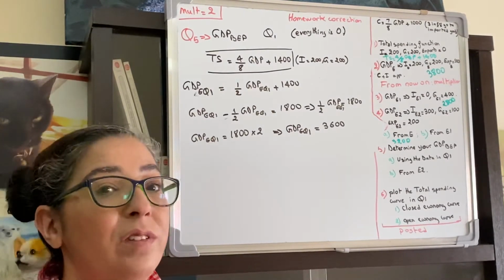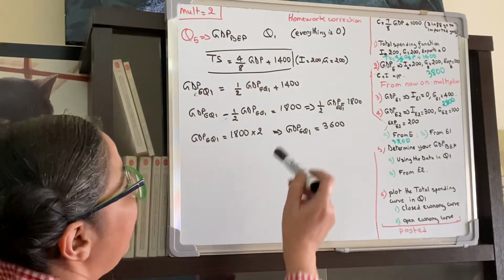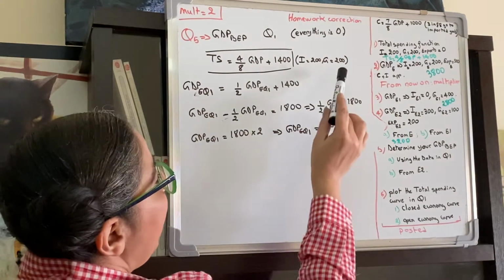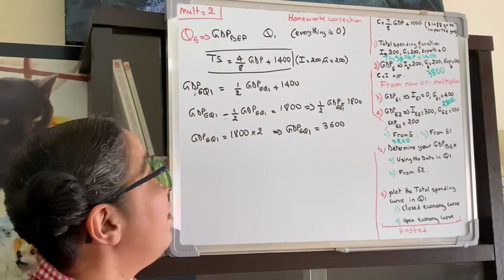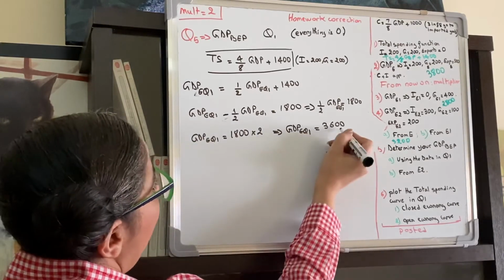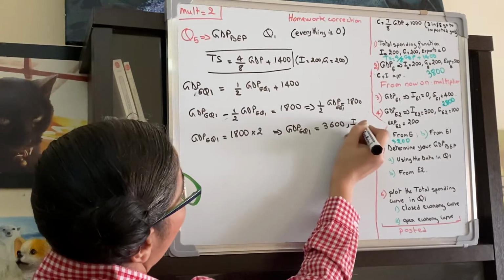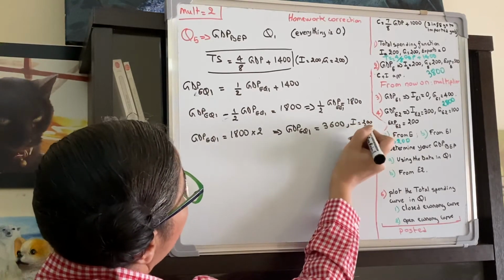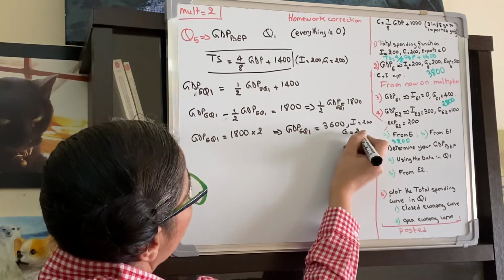Now we need to set everything to 0. So here I had I200 and here G200. And the new values have to be 0. So GDP question 1, I had this GDP, and I question 1 was 200, and G question 1 was 200.